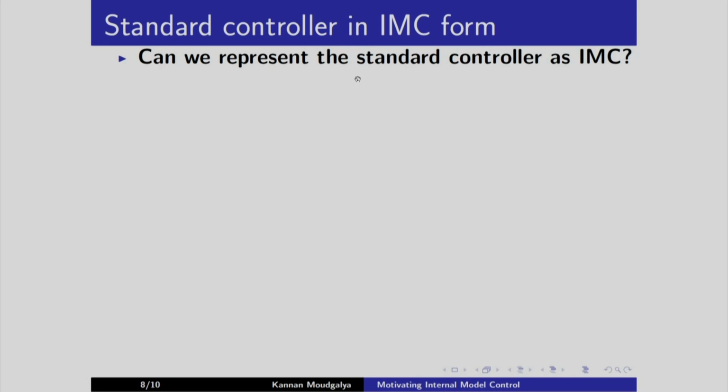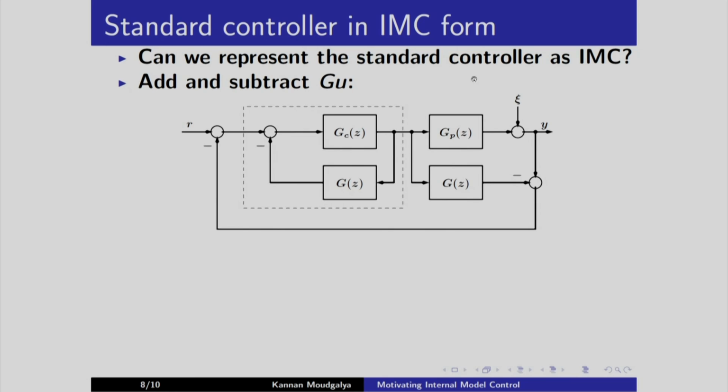Here we ask, can we represent the standard controller as IMC? So here is the standard controller GC, here is our plant GP, here is the noise, reference signal R, plant output Y, and so on. If you ignore what we have below, it is exactly the standard controller configuration.